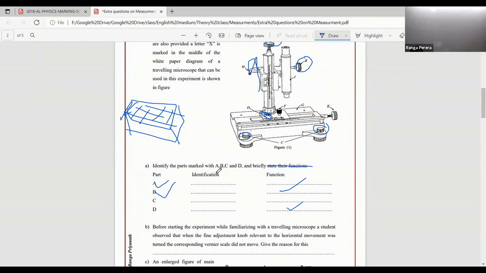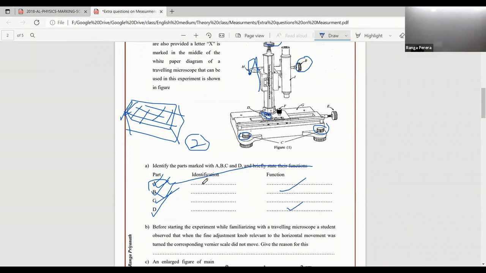If all your answers are correct, you get 2 marks. Just for you to get some information on how the marks are allocated: if only three answers are correct, you still get 2 marks. If all 4 are correct, 2 marks. If 3 are correct, 2 marks.